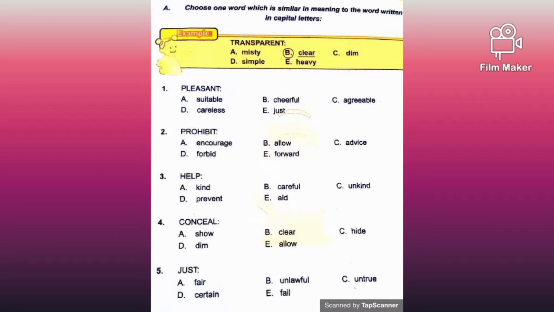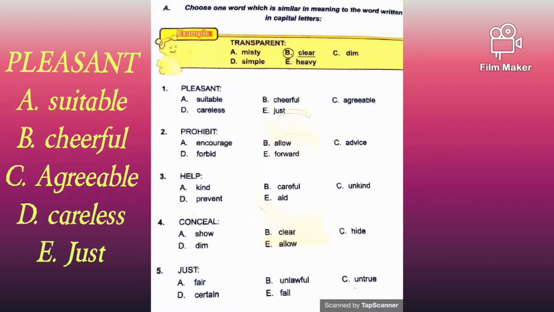So now number one is pleasant. So we are going to look for a word that has the same meaning or similar meaning with pleasant. Now we have option A, suitable, we have cheerful, we have agreeable, we have careless, and just.